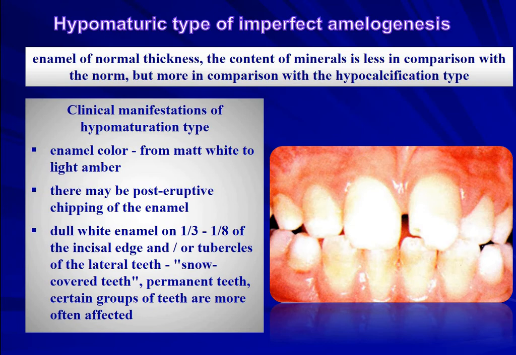Opaque white enamel on one third to one eighth of the incisal edge and or tubercles of the lateral teeth, snow-covered teeth, permanent teeth. Certain groups of teeth are more often affected.